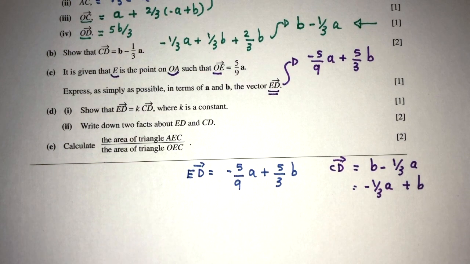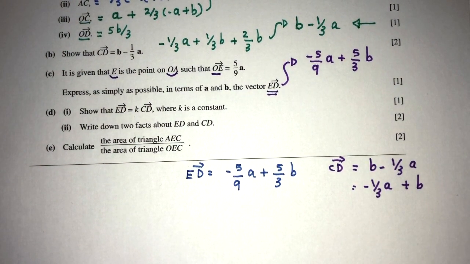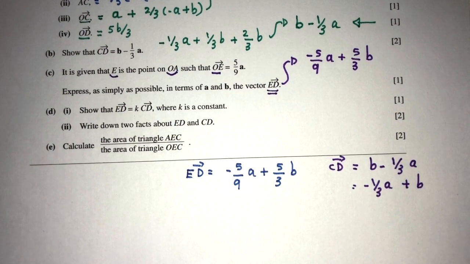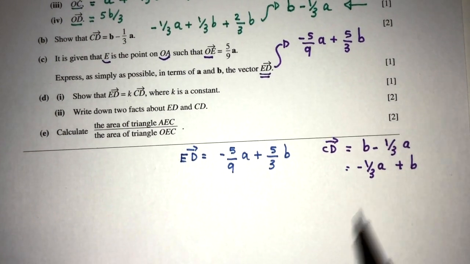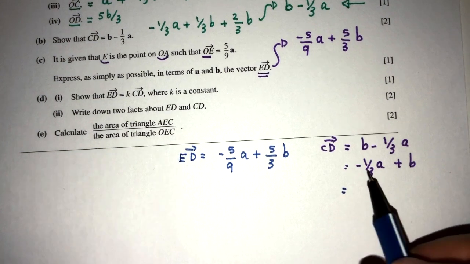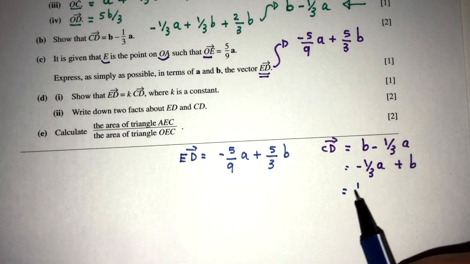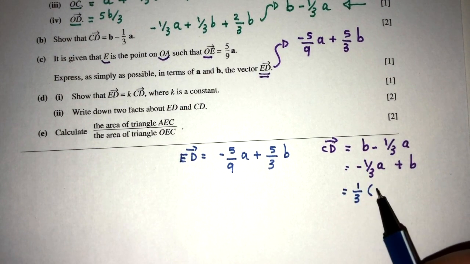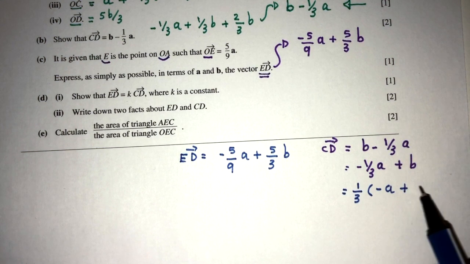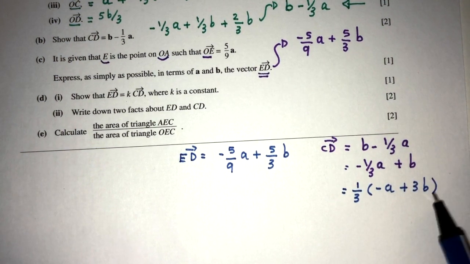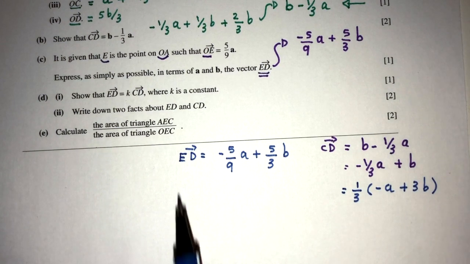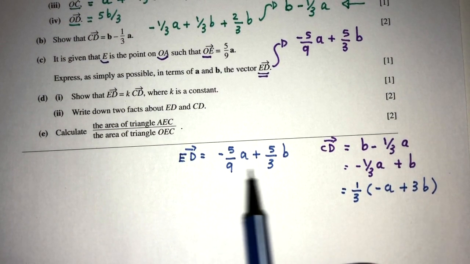So one thing we can do now is factorize or compare them with each other. Here I can try to take out the value of 1 over 3. You will have minus a plus 3b on the inside. For this one, I can try to remove the base.